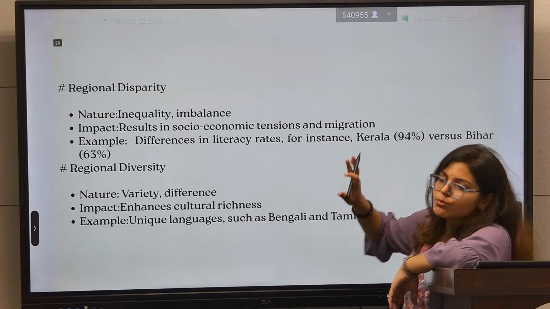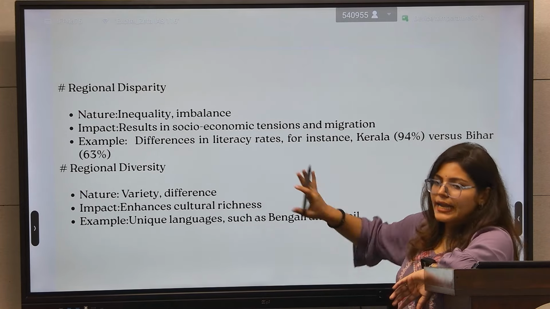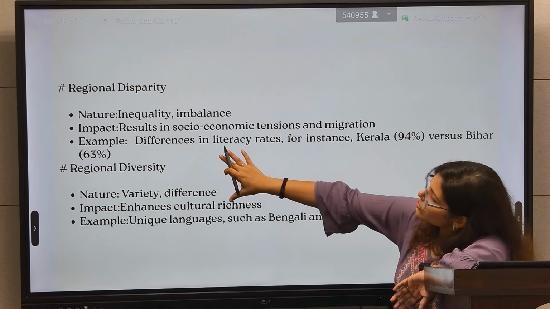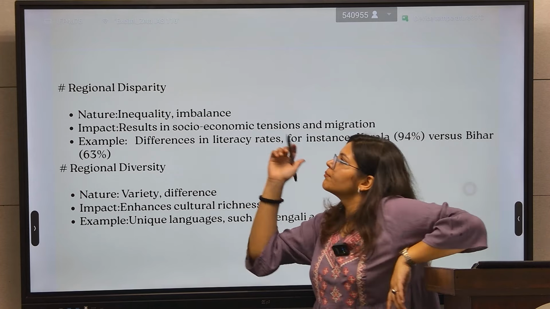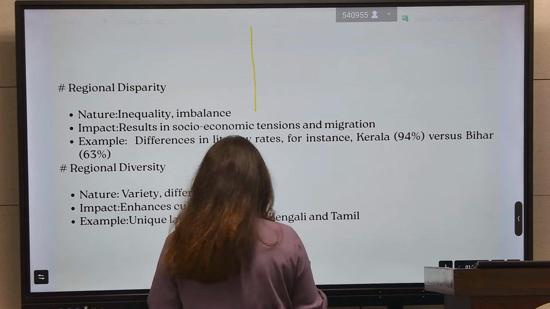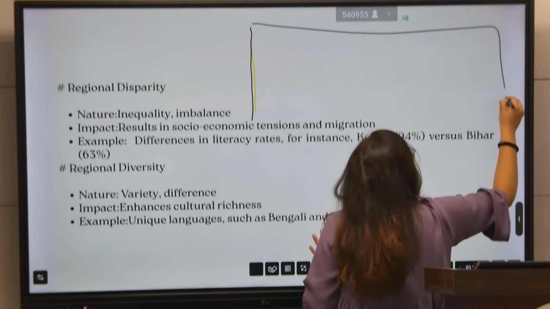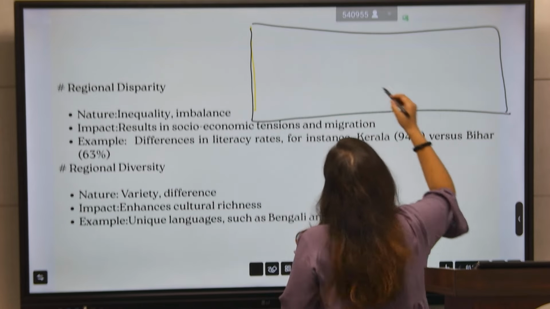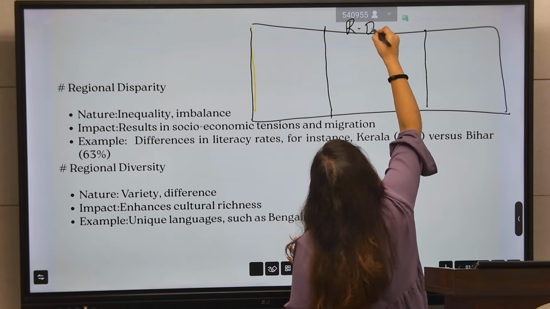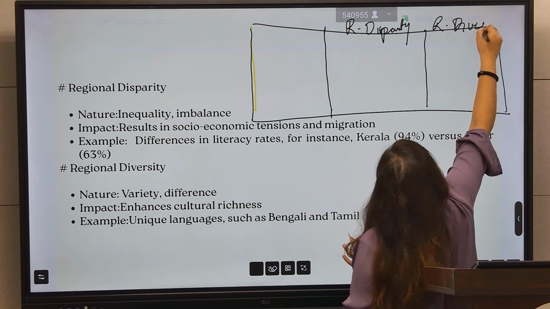So here you make a table. I prefer to make a table this way if I write the answer. So here is regional disparity, here is regional diversity.